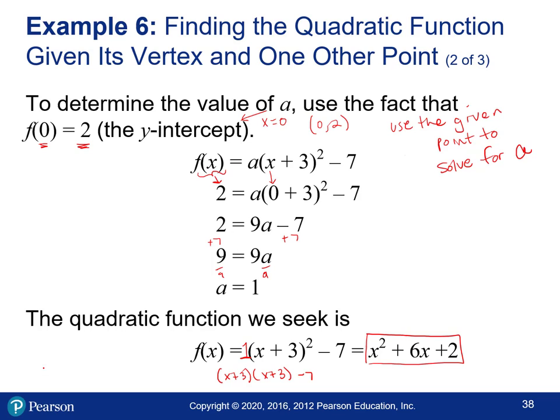Just as a reminder, x times x is x squared, and then x times positive 3 is 3x, and 3x here as well, and then 3 times 3 is 9. Then that minus 7 right there is why we have a 2. So that's where the plus 2 came from.